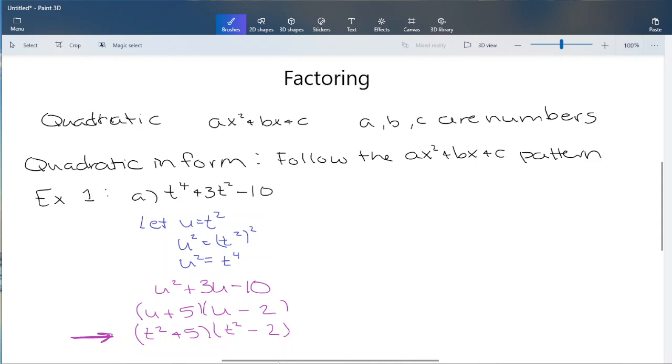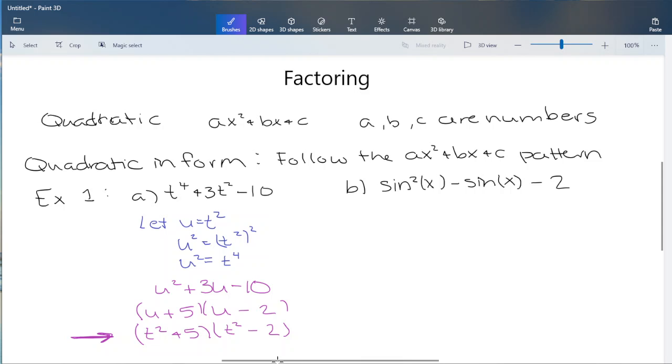All right, let's do one more example, and I want to do an example with a trig function. Okay, so we want this to have that quadratic form where it's x squared, x, and then number.